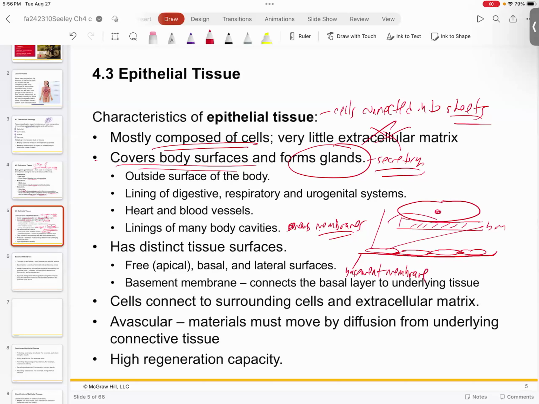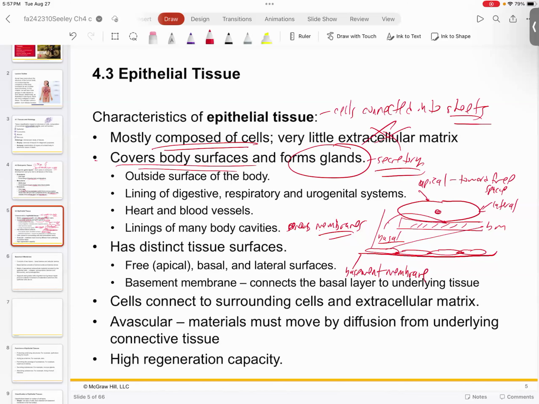This surface here is what's referred to as the basal surface. That's basically toward the basement membrane. This surface here is what's called the apical surface. This is toward the free space. And then the lateral surfaces are on the edges.